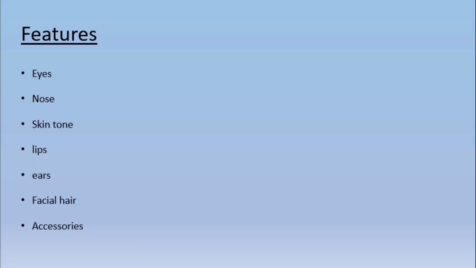Eyes are usually the most noticeable thing on a person. Let's go ahead and look at each one of these. When describing someone's eyes, go in the order of size, shape, and color.